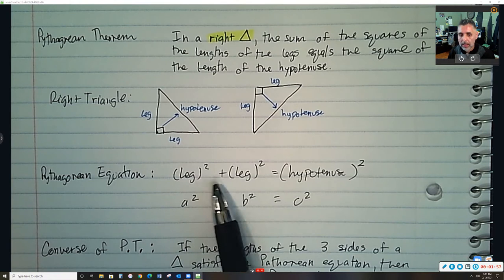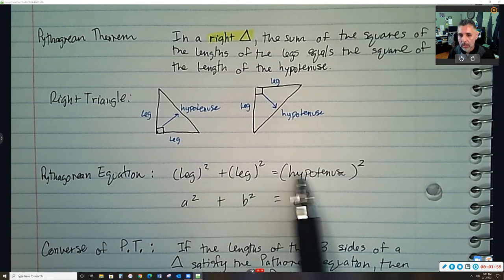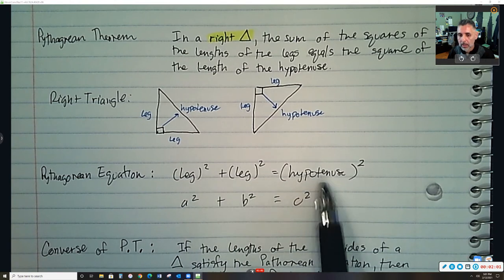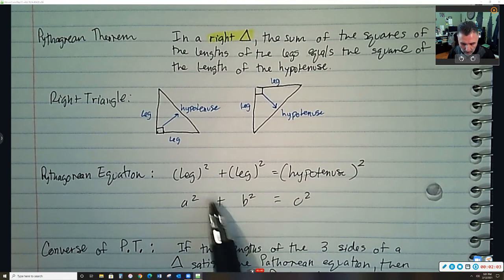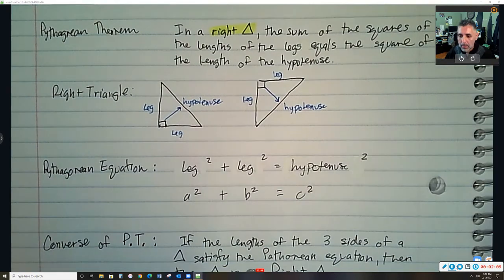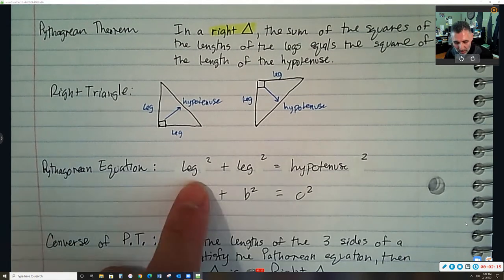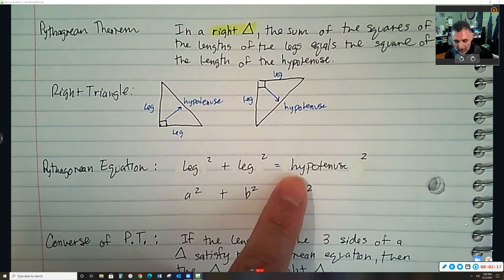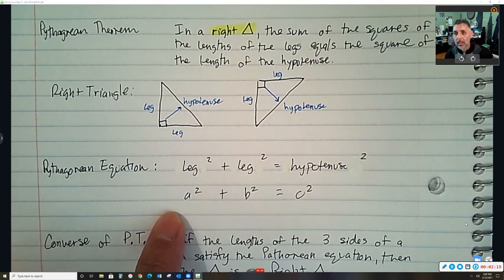So leg squared plus leg squared equals hypotenuse squared. That's what I have here. Maybe if I didn't have the parentheses around it, it would look a little bit nicer. Let me take them off. Alright, there you go. You tell me what looks better, with the parentheses or without. But anyway, leg squared plus leg squared equals hypotenuse squared.